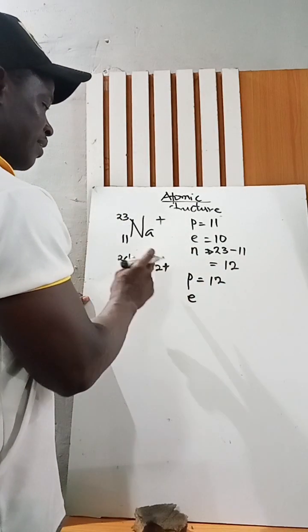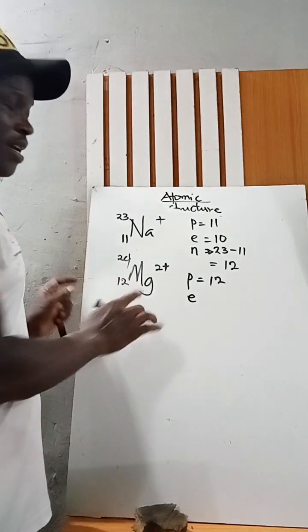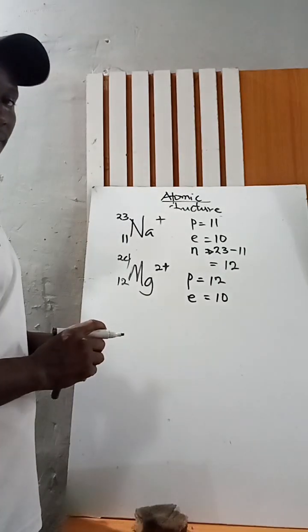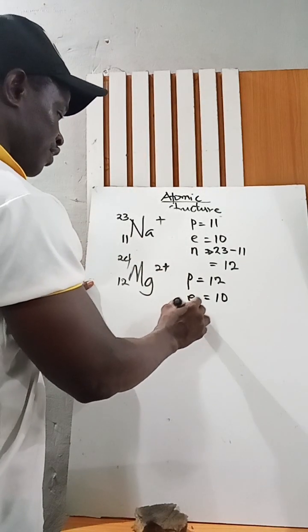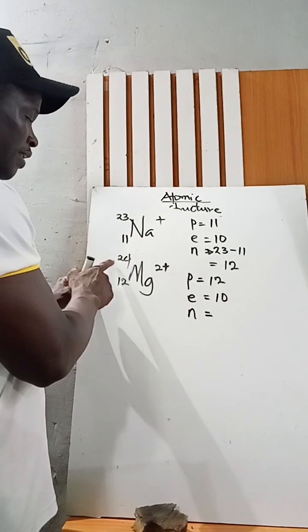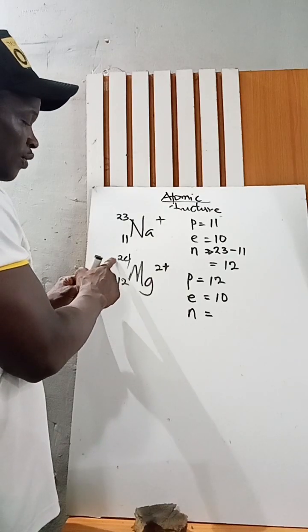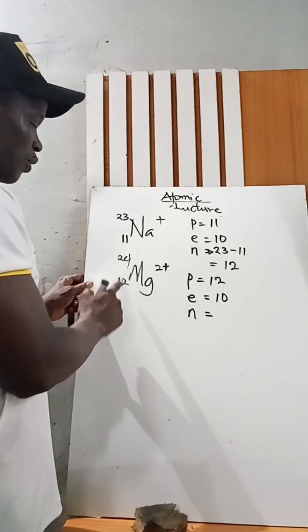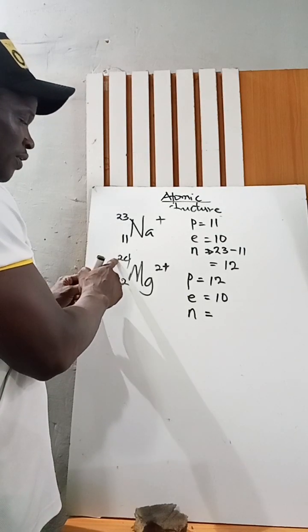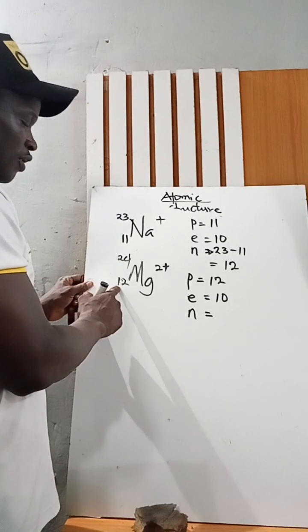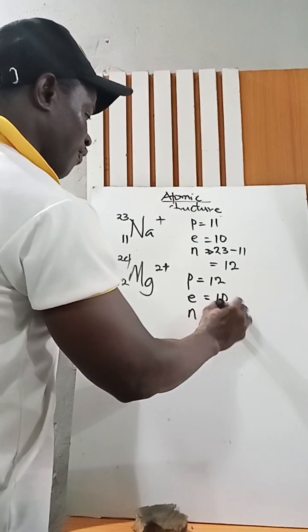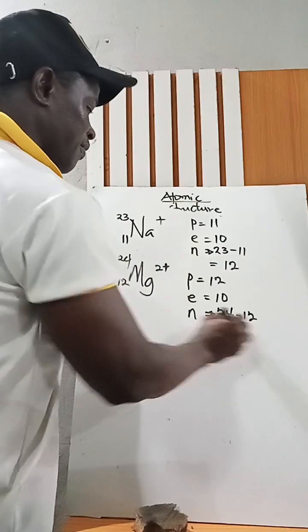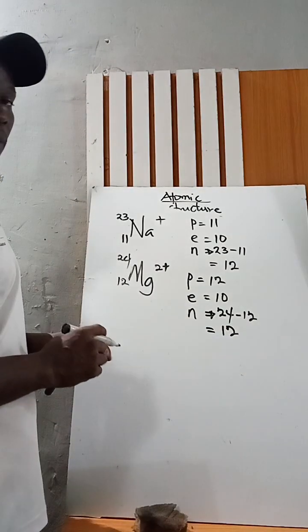Then electron. This one is losing 2 electrons. Remove that 2 from 12. What you are going to have is 10. No problem. Now neutron. Neutron can be calculated by subtracting atomic number from the mass number. So 24 minus 12 will give us 12 as neutron number.